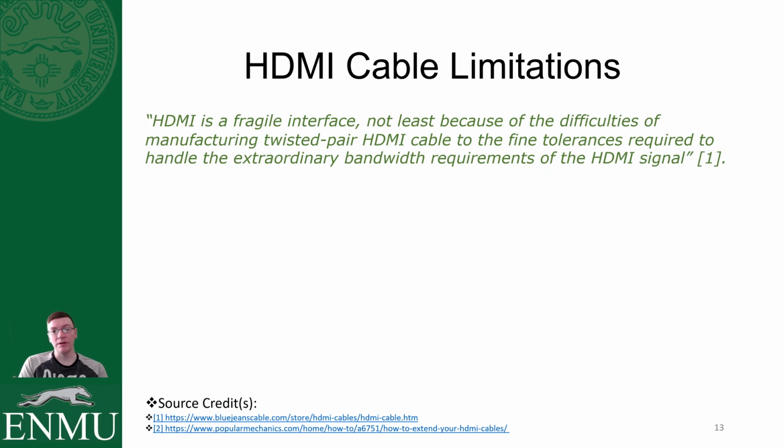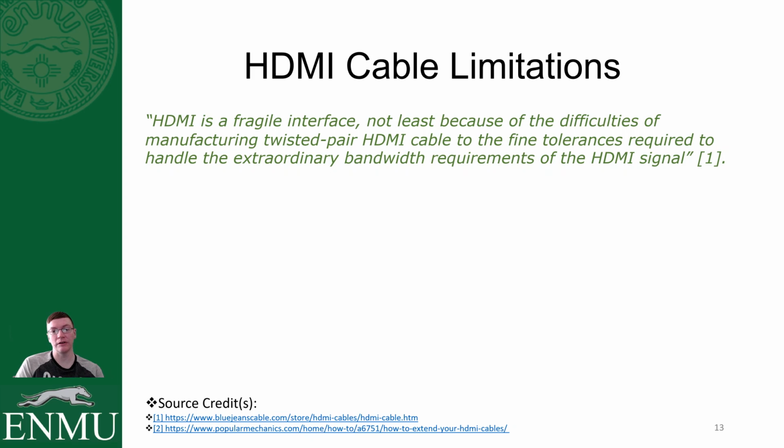All right, so HDMI cable limitations. So the limitations of the transmission line. One of my favorite manufacturers of HDMI cables, because I've been toying around with this stuff for many years, is a company called Blue Jeans Cable. I've got them down in the references here because they make very high quality cable.